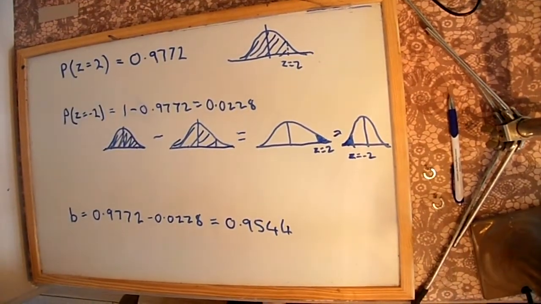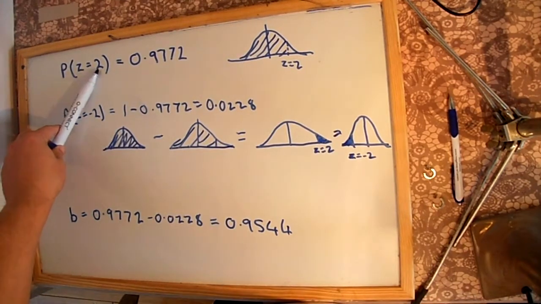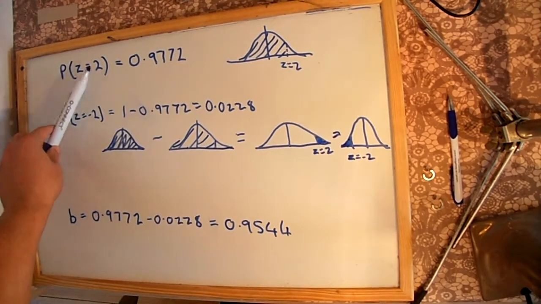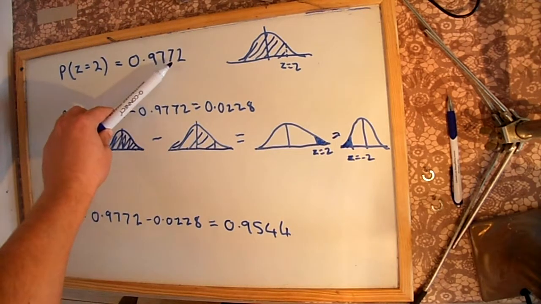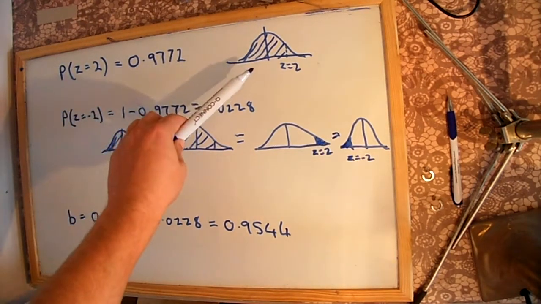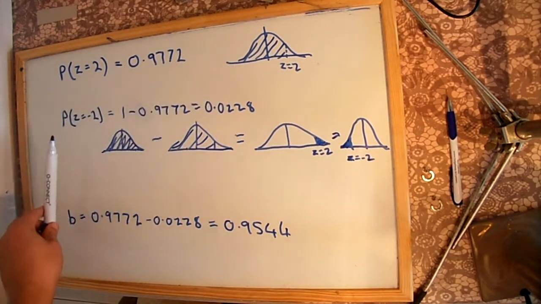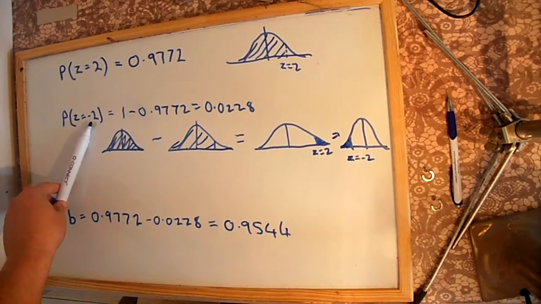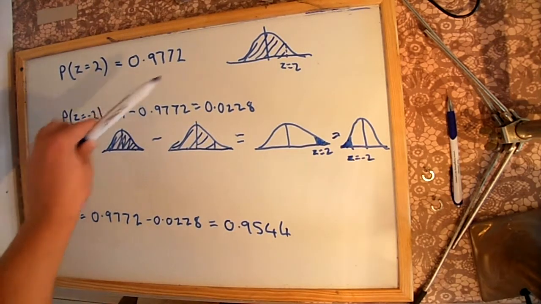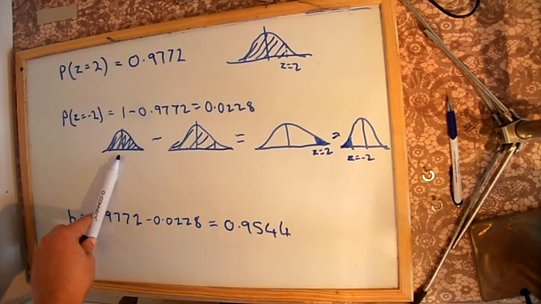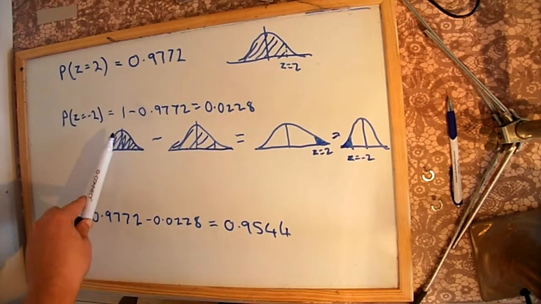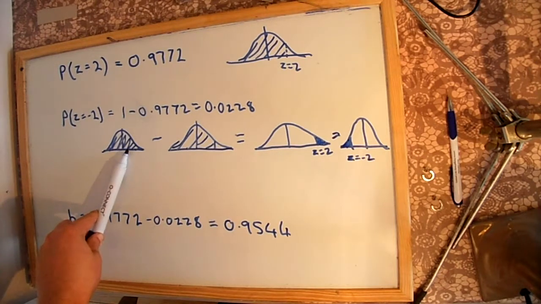So we go to our log tables again, and we find that z equal to 2, the probability is 0.9772. So that's shown here on the normal distribution curve. Now to find z equal to -2, we're going to do the same as in part A, and we're going to get the full probability of the normal distribution curve, which is 1, 100%.